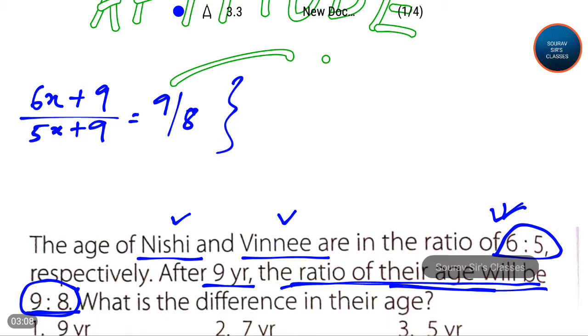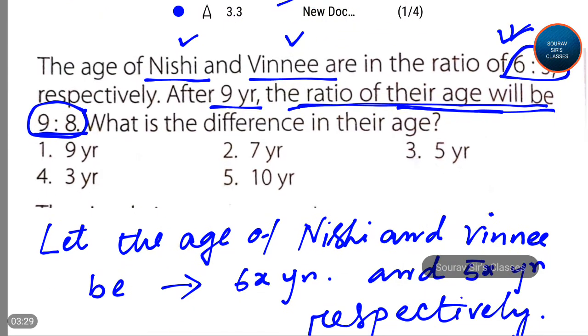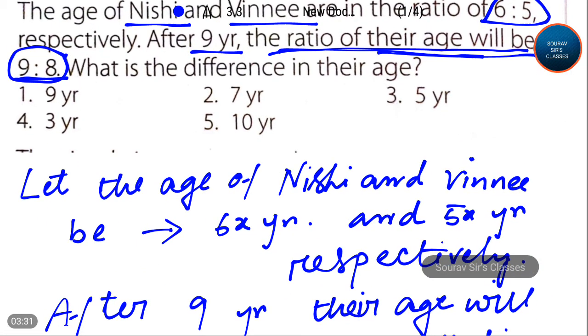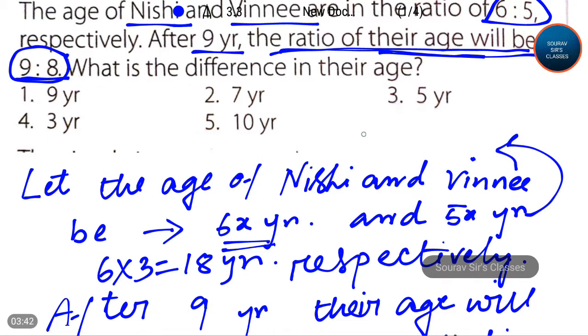Now from this we can say that 48x plus 72, that is equals to 45x plus 81, or 3x is equals to 9, and from this we can say that x is equals to 3. So x is equals to 3, that means the age of Nishi is now 6 into 3, that is equals to 18 year, and for Vinny this age is equals to 5 into 3, that is equals to 15 years.